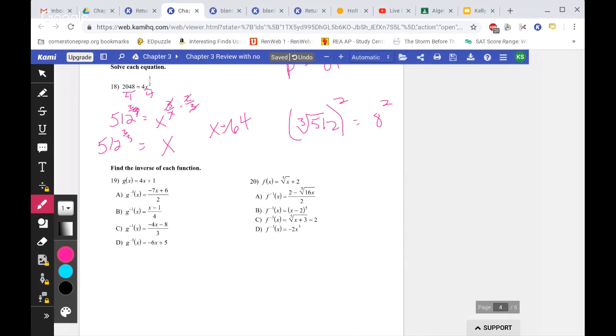It makes more sense now. Okay, good. All right, so the inverse of each function. I kind of talked about this the other day in Math Lab, that I have those Mrs. Sparks confidence building steps on inverses. I always rewrite the problem: g of x equals 4x plus 1. And then I change my fancy g of x to a y.